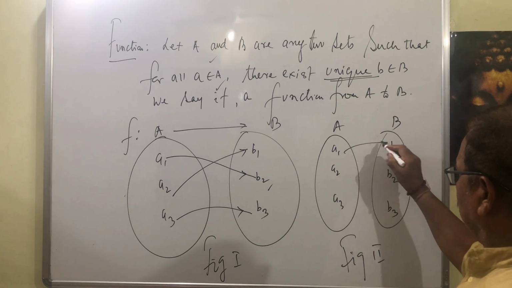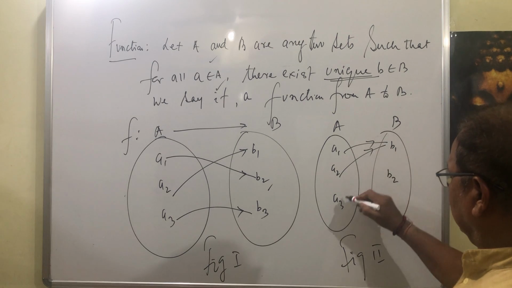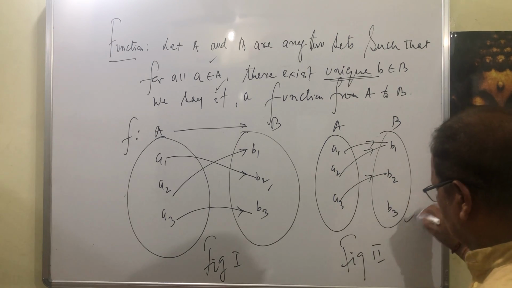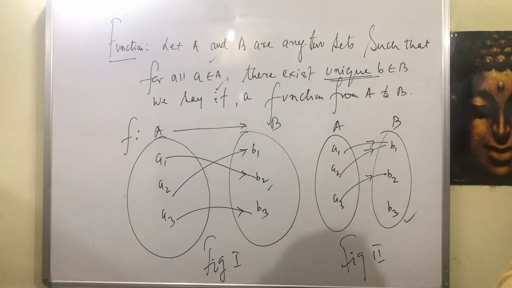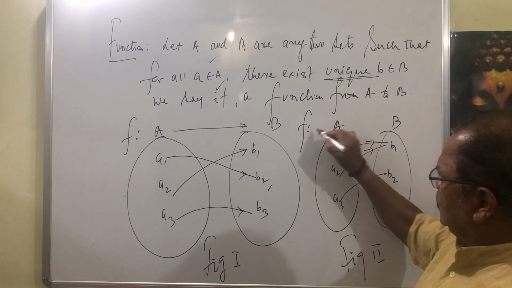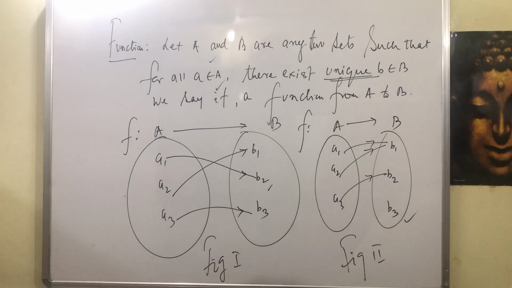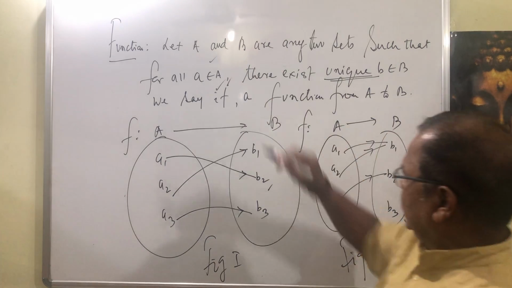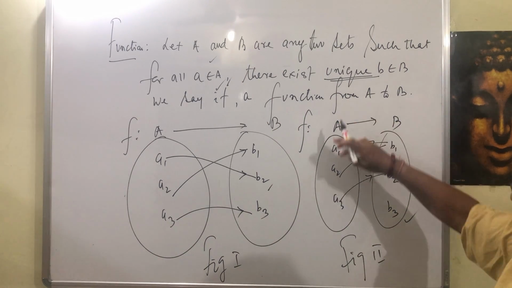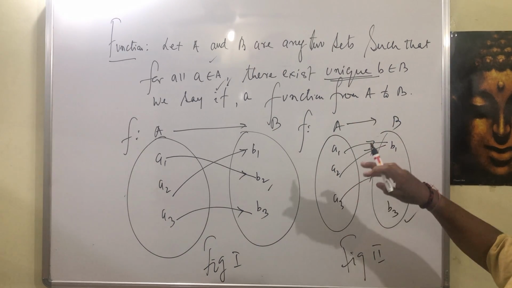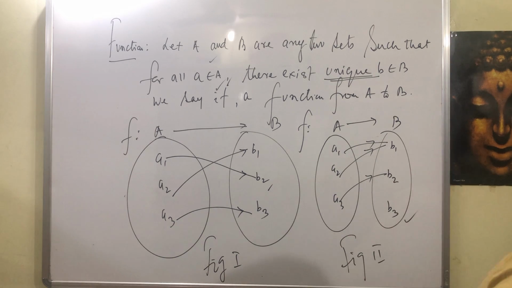Now A1 is going to B1, A2 is going to B1, A3 is going to B2. So one element, B3, is left in set B. So this is also a function, satisfying the condition that for all a belongs to A, all elements of set A are associated with a unique element of set B.